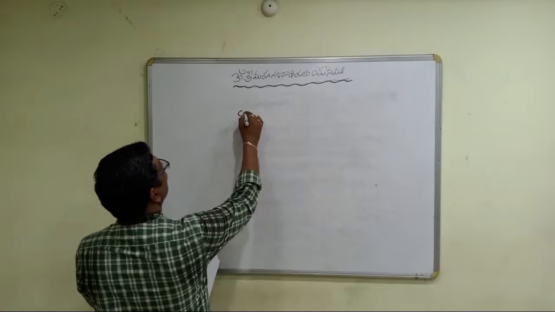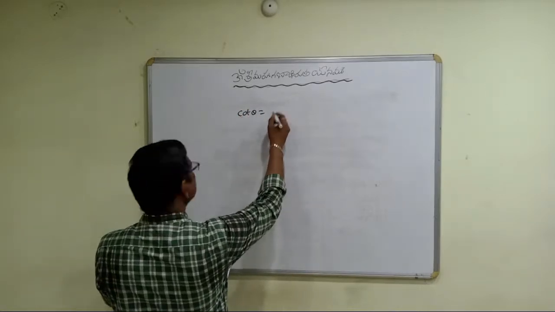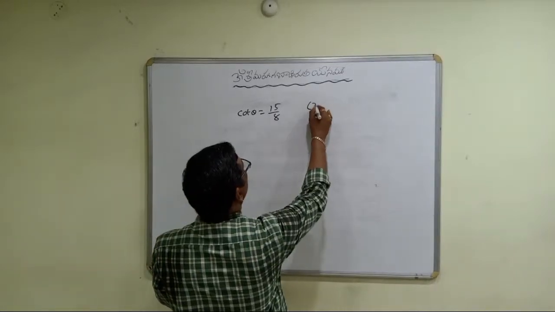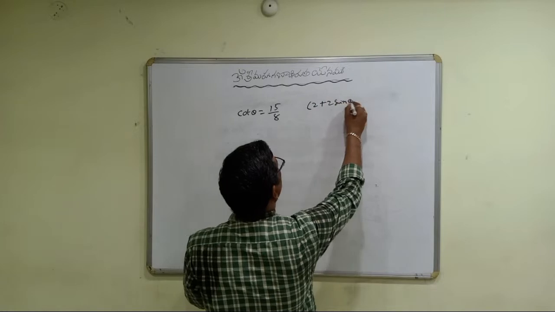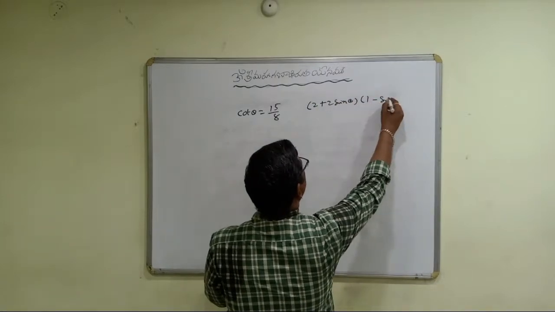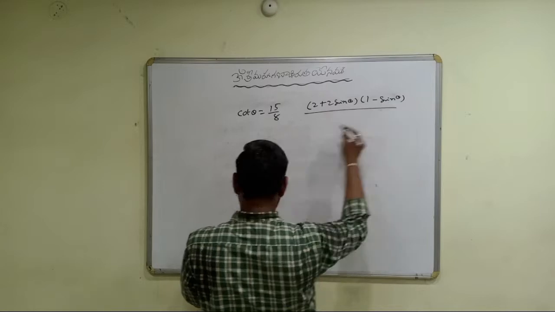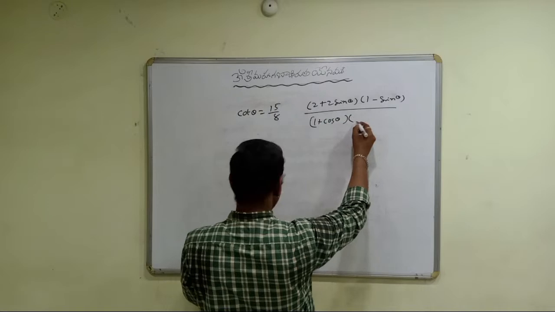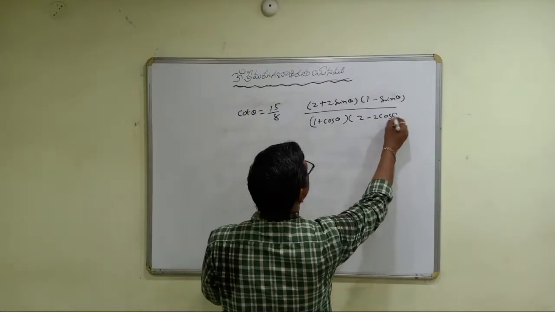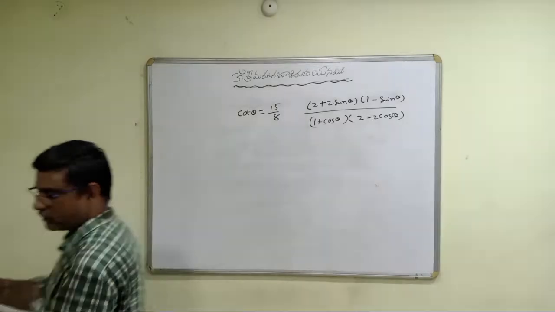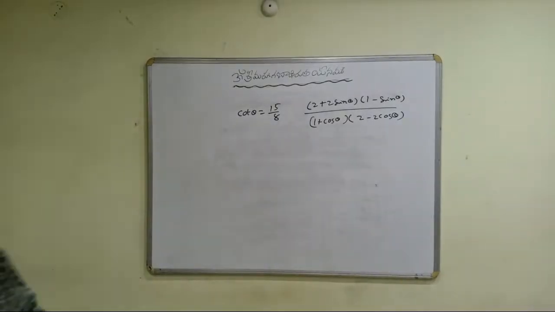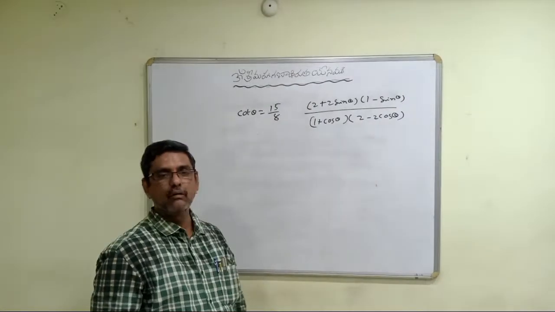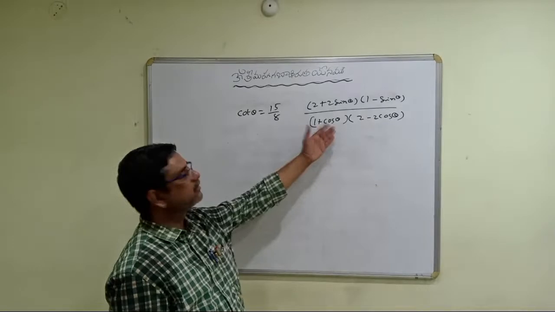Cot theta is given as 15 by 8 and you need to find out the value of 2 plus 2 sin theta into 1 minus sin theta by 1 plus cos theta into 2 minus 2 cos theta. This is what you have to find. Cot theta is given to you as 15 by 8 and you need to find out this value.